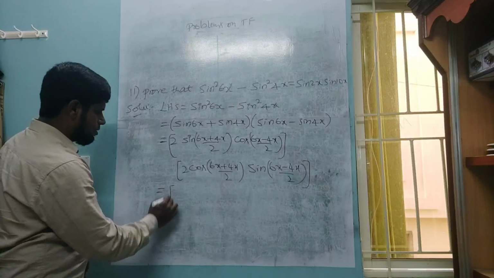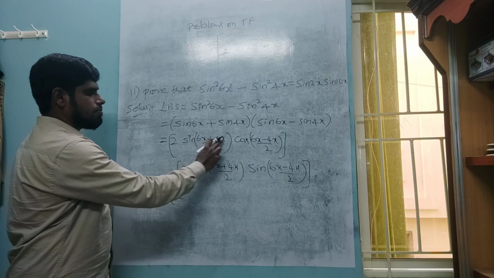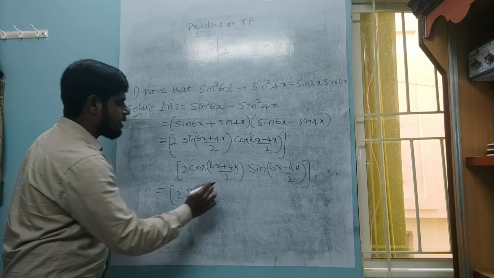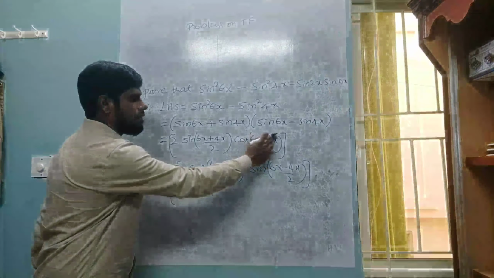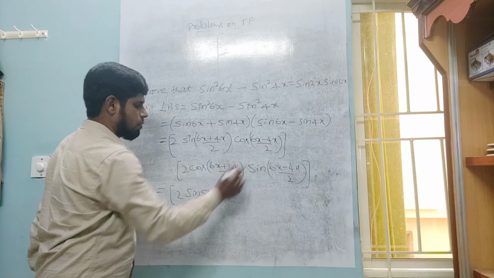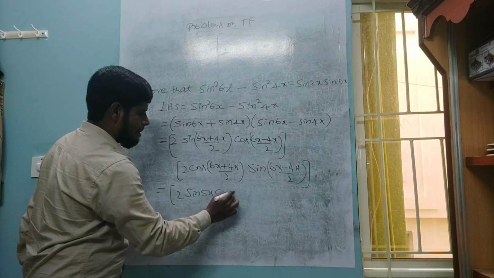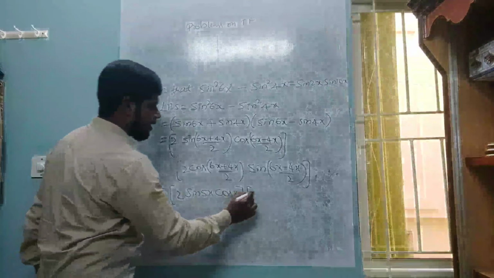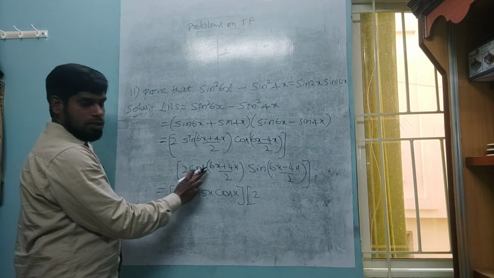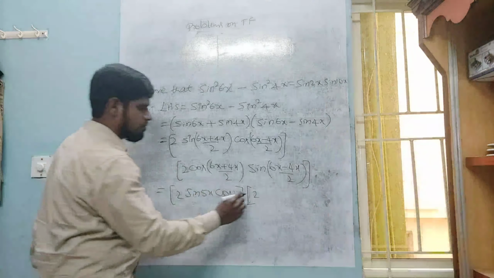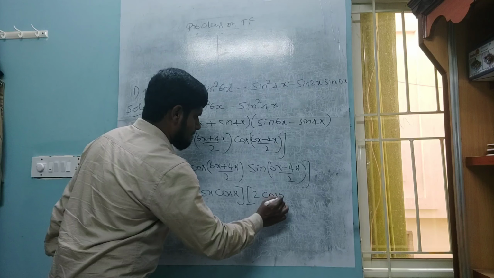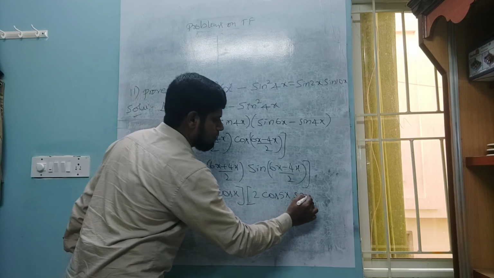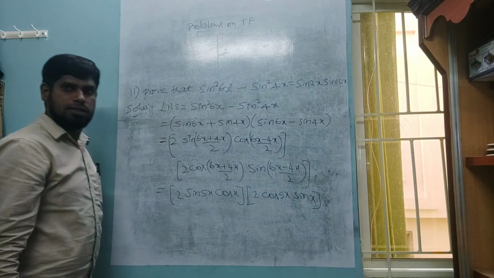Now student, this 2 as it is, 6 plus 4 is 10, 10 by 2 is sin 5x, cos, 6 minus 4 is 2, 2 by 2 is cos x. Another bracket: 2 cos, 6 plus 4 is 10, 10 by 2 is 5, cos 5x, and here 6 minus 4 is 2, 2 by 2 is sin x.